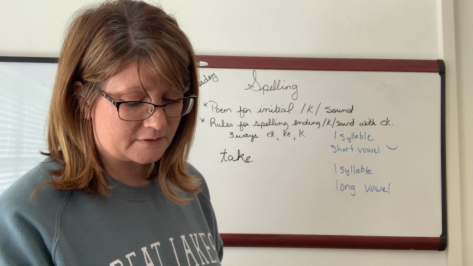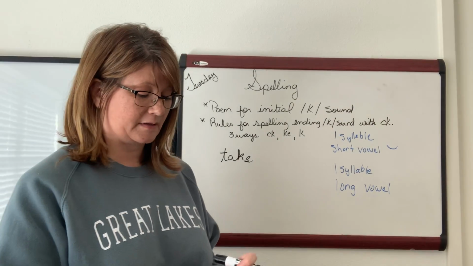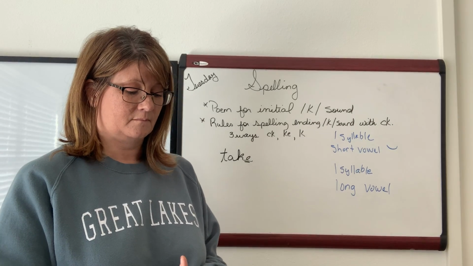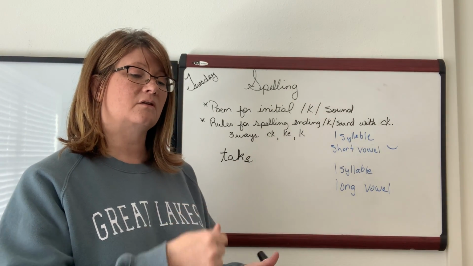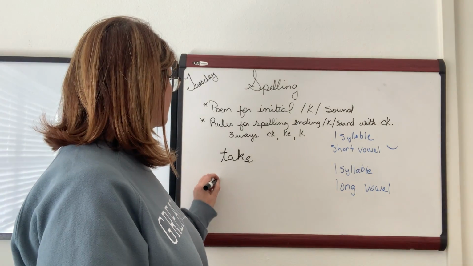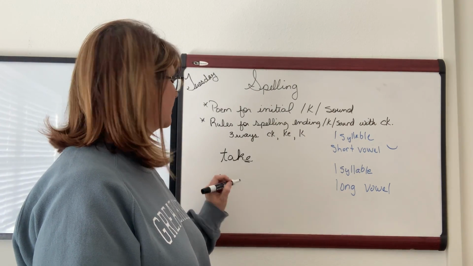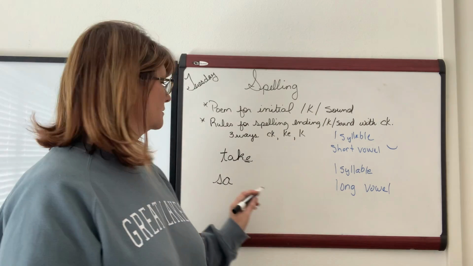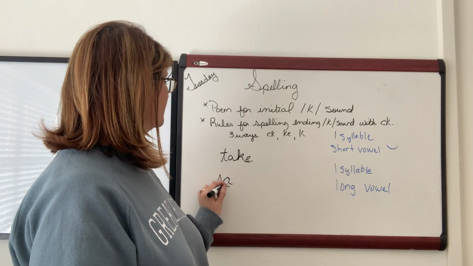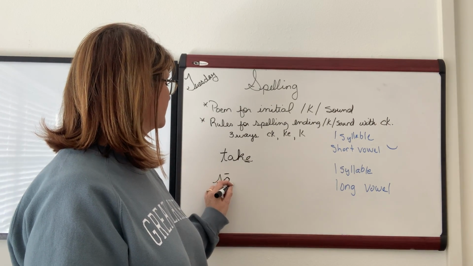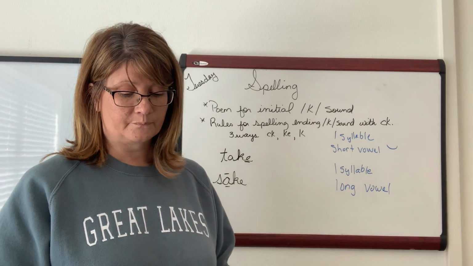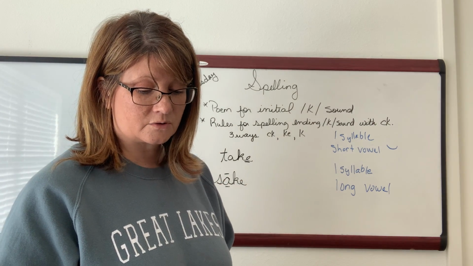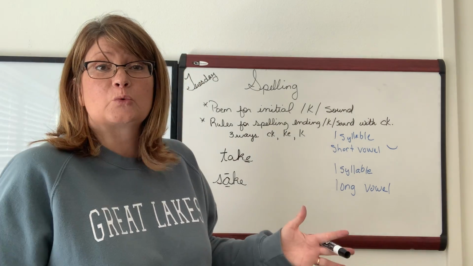And then I have sake. I want you to spell that on your board. So think of each individual sound and what they make. S, A, and how am I going to spell the ending sound? I want the long A sound. I want to do the K-E, sake. All right, what about, y'all know this, puke.